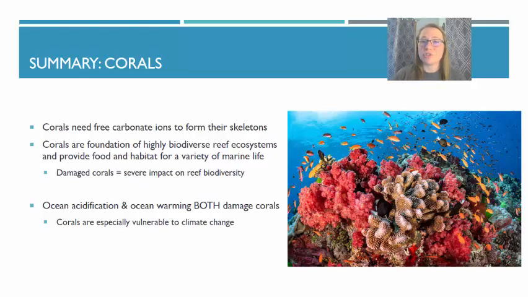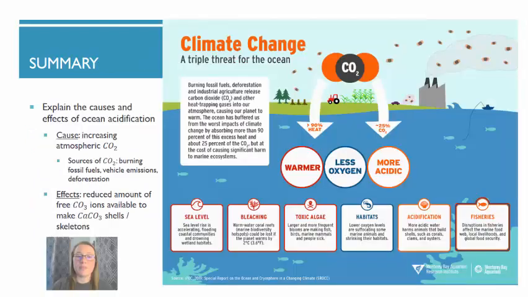And if we have damaged corals, that's going to lead to a pretty severe impact on the biodiversity of the reef ecosystem. Now, when we talked about ocean warming, that also damages corals through coral bleaching. And because both of these processes, ocean acidification and ocean warming, are associated with climate change, coral ecosystems are especially vulnerable to changes in the global climate.